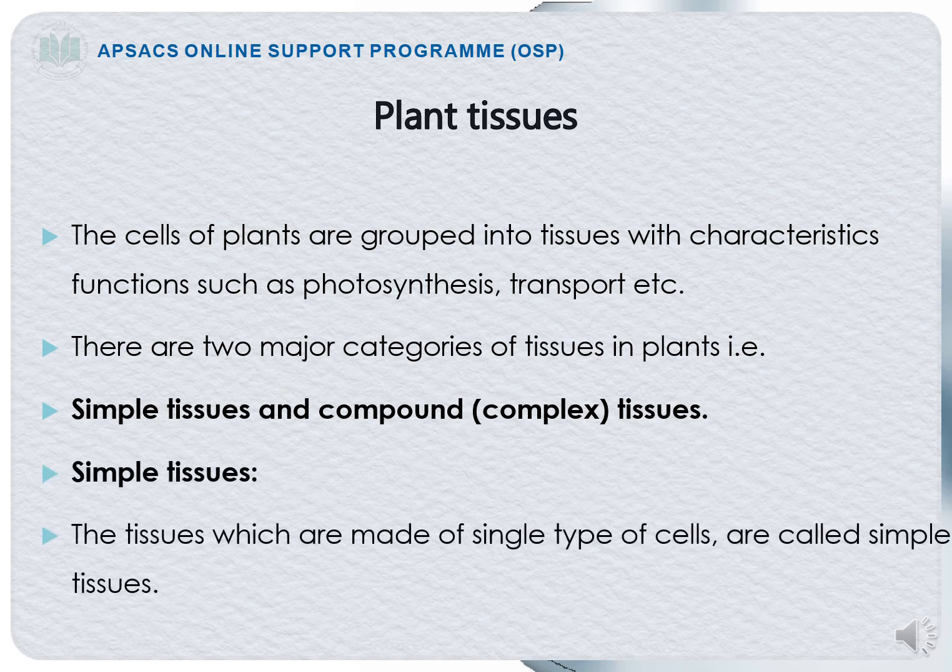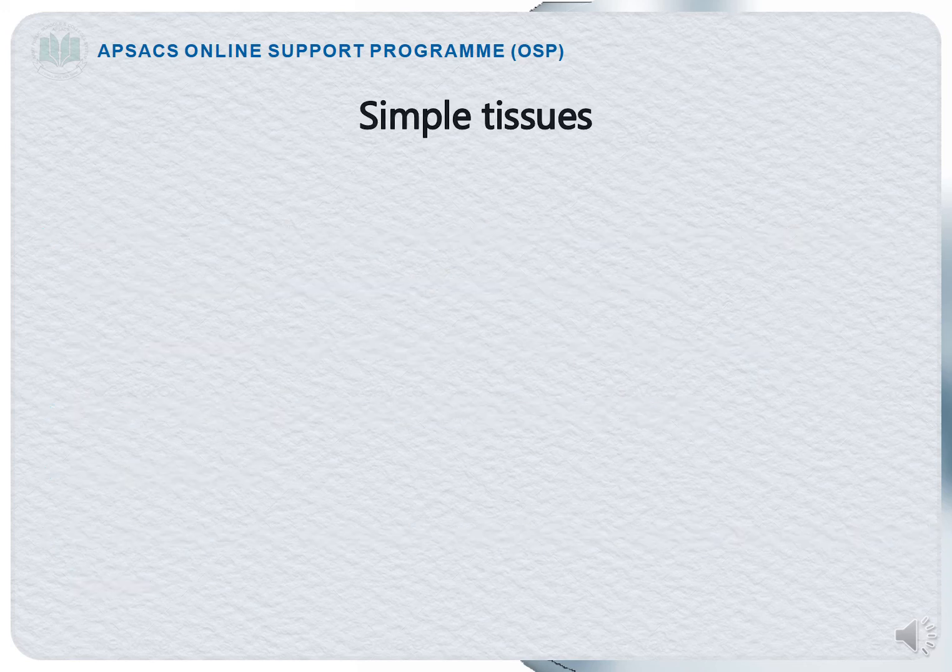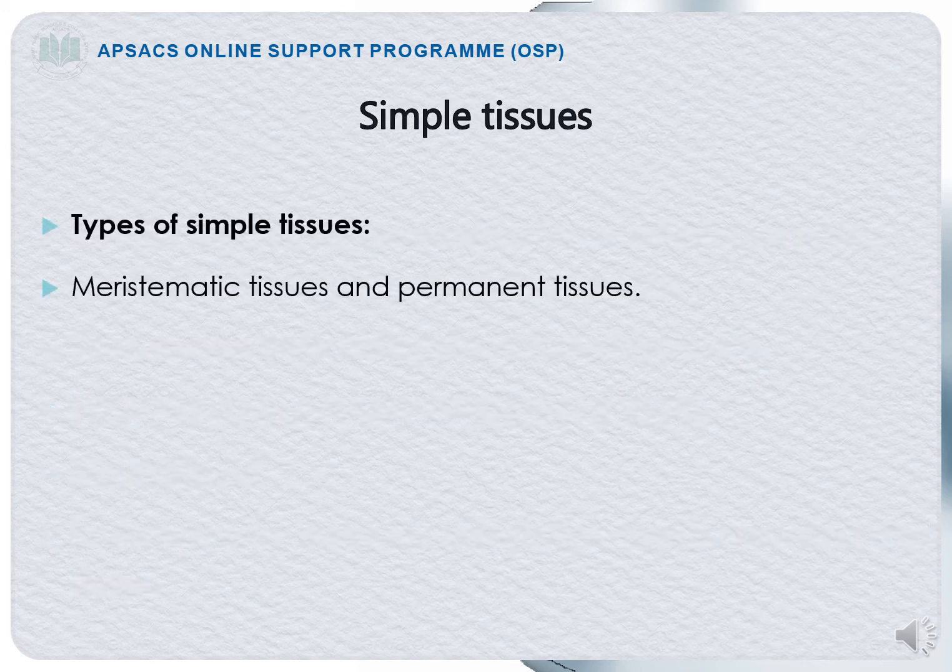Now simple tissues. The tissues which are made of a single type of cell are called simple tissues, as the name indicates. Types of simple tissues: meristematic tissues and permanent tissues.